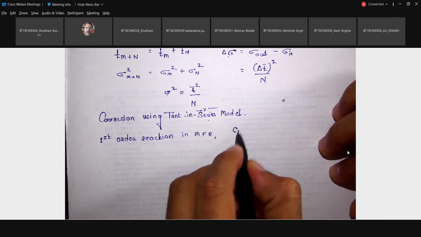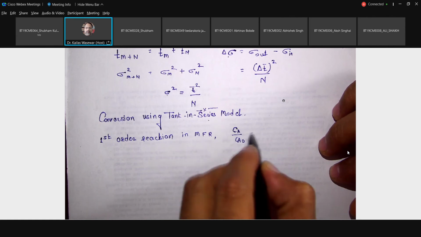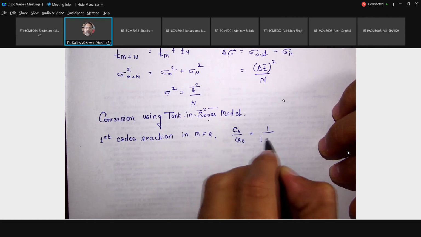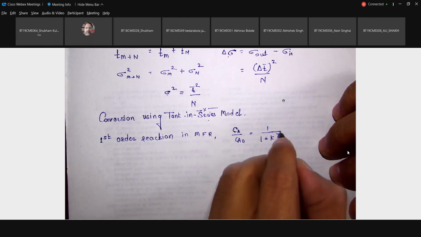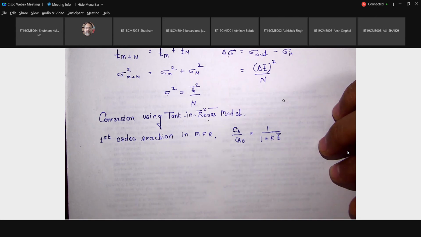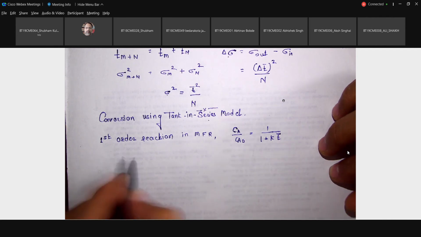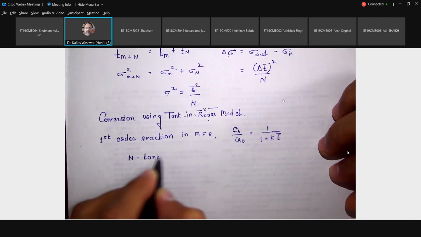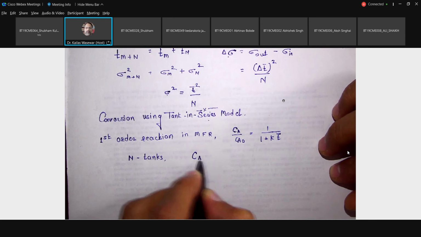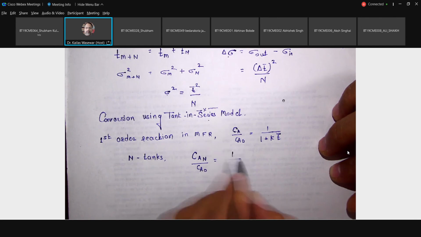Ca upon Ca0 is equal to 1 upon 1 plus K tau. Is it? This is for one tank. If you are going for n tanks, it will be Can divided by Ca0 is equal to 1 upon (1 plus K Ti) to the power n.